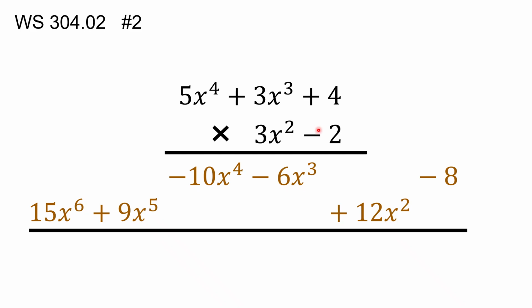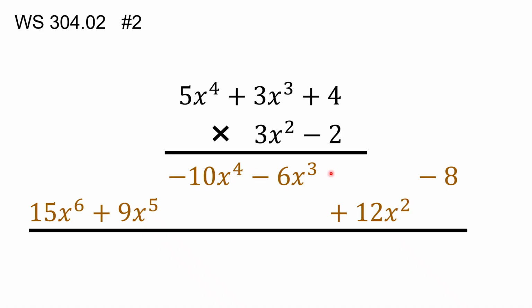We begin by multiplying everything through by -2. So -2 times 4 is -8. -2 times 3x to the third is -6x to the third. -2 times 5x to the fourth is -10x to the fourth.